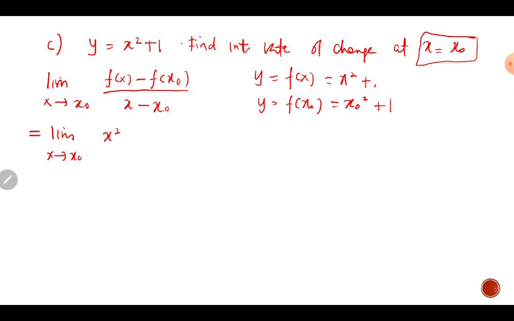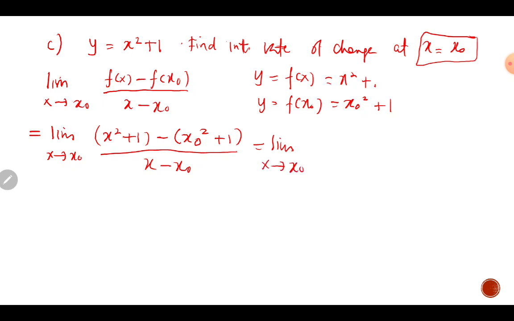Alright, so here we have limit x approaching x naught, f(x) is x square plus 1, minus f(x naught), which is x naught square plus 1, over x minus x naught. So we get x square plus 1 minus x naught square minus 1.